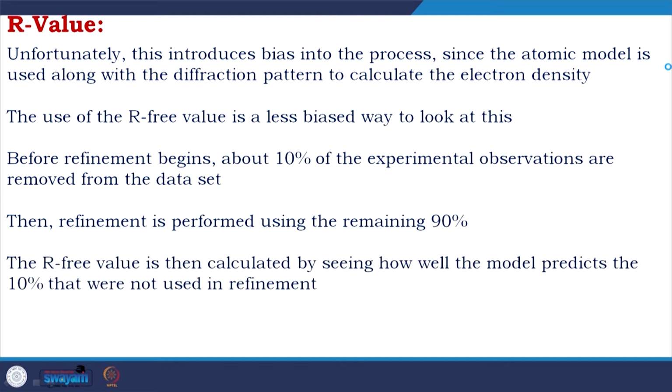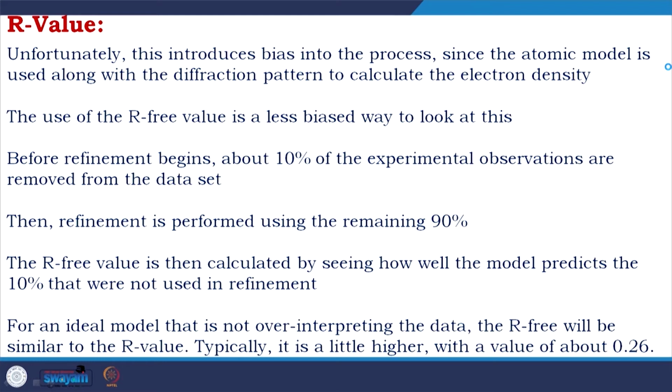The R free value is then calculated by seeing how well the model predicts the 10% that were not used in the refinement. For an ideal model that is not over interpreting the data, the R free will be similar to the R value. Typically, it is a little higher. So, if 0.2 is the range of R work, 0.26 is the range of R free.